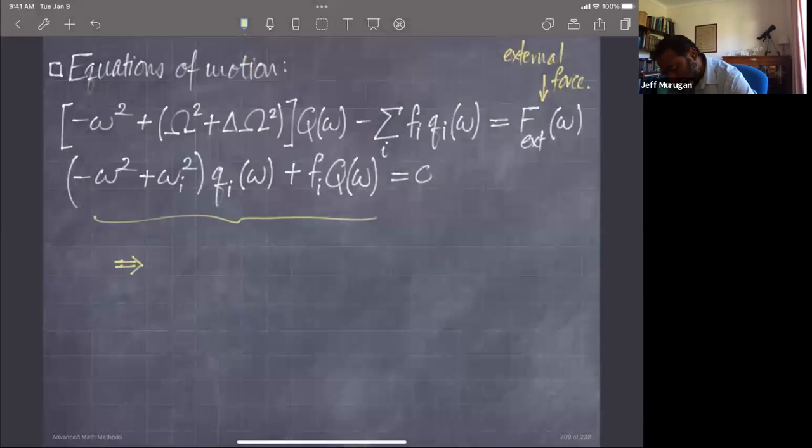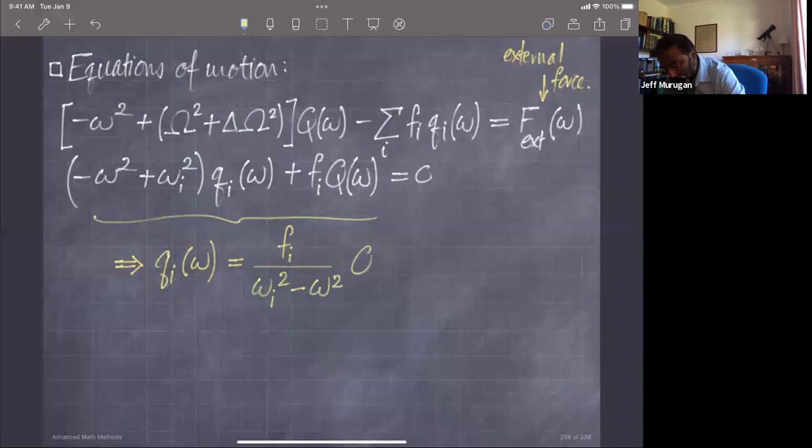and this tells me that the qi variables, all n of them, because they're n independent variables, qi of omega can be written as fi over omega i squared minus omega squared times this Q of omega, which I can then substitute back into the first equation.